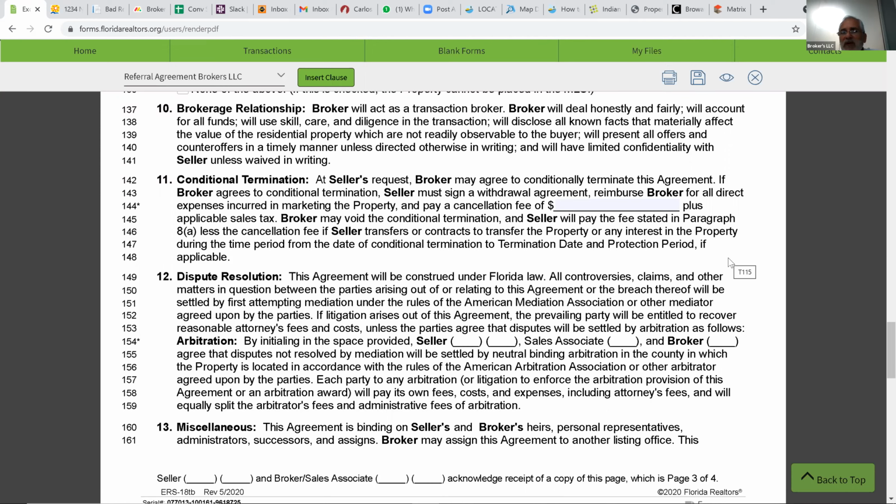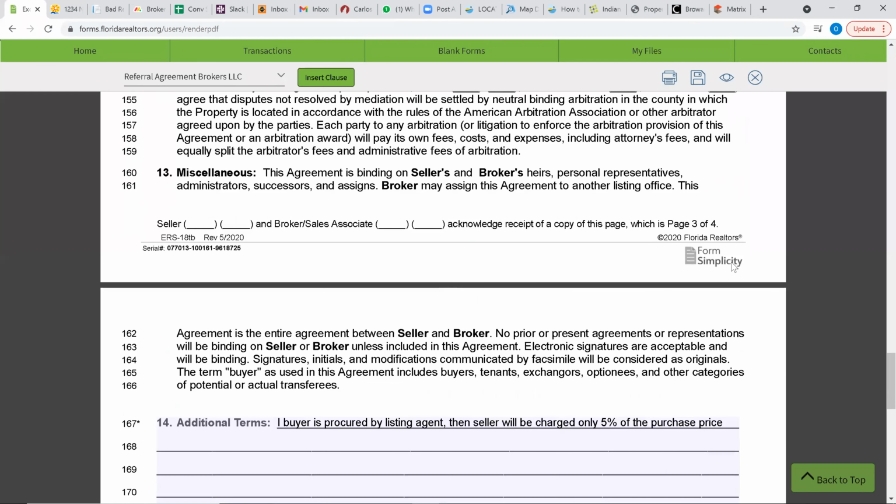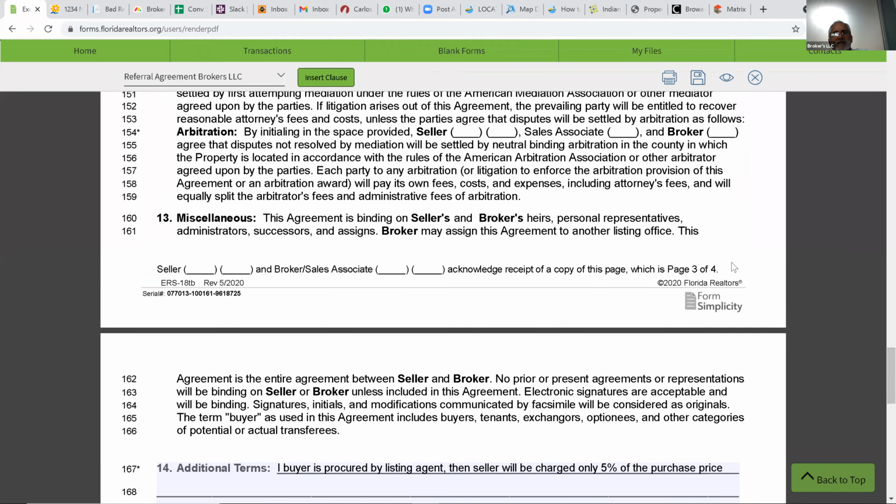It's very important because in case of a dispute, in the same paragraph, dispute resolution, if there is no broker involved, nobody is going to represent you in a mediation. So first I do my listing agreement, I send it to the broker first. Yes, first. And then you send it to your seller to sign, and then it's executed. Correct. Thank you. Any other question?